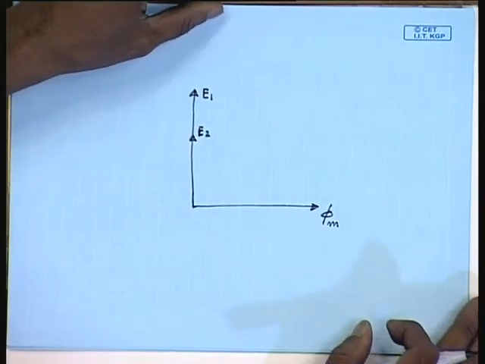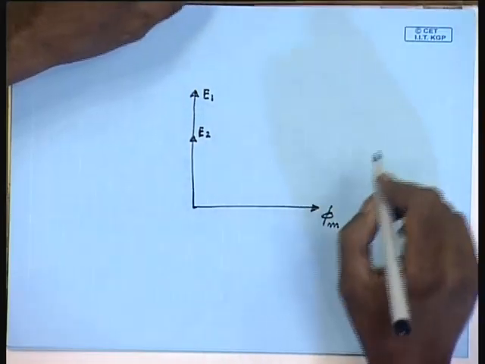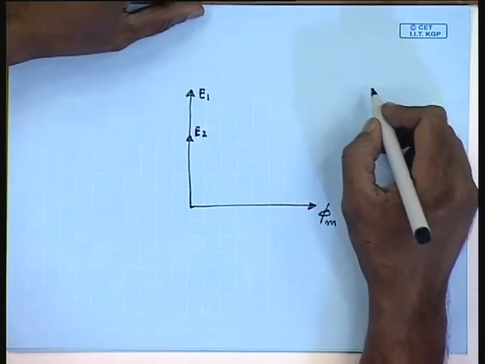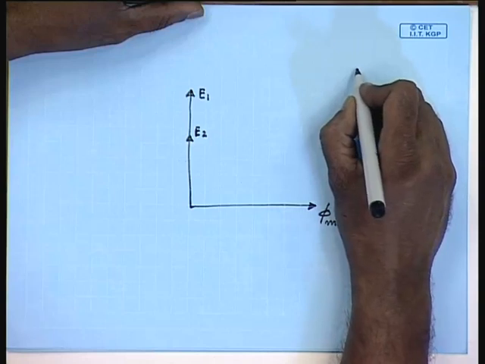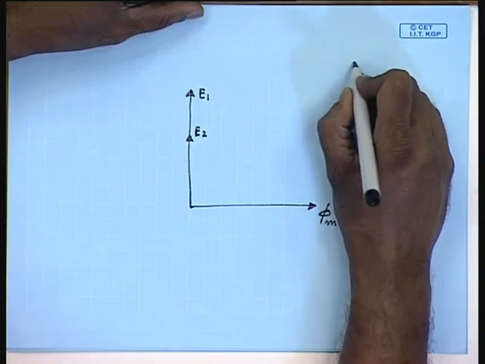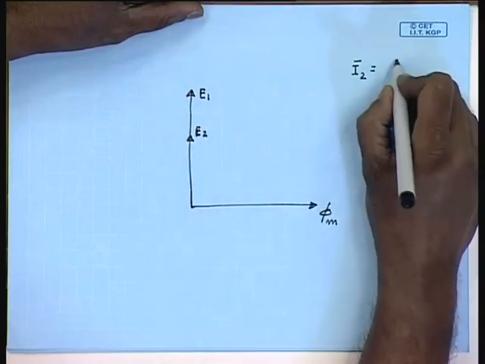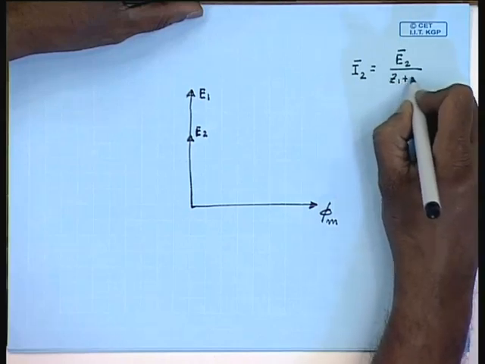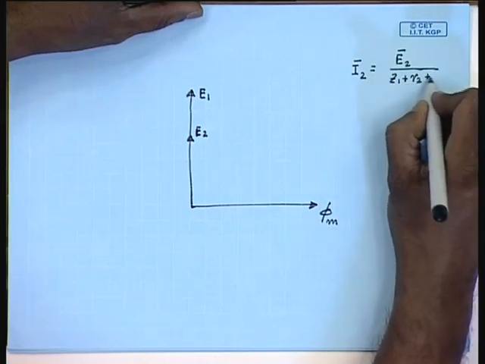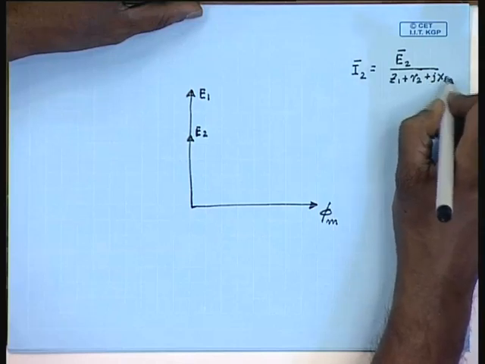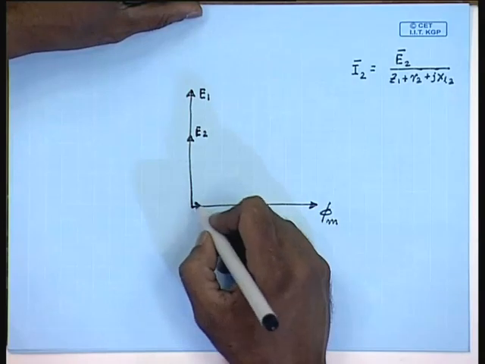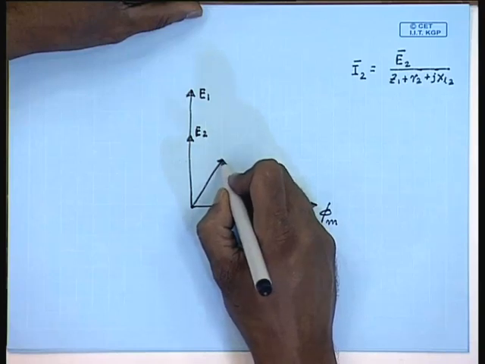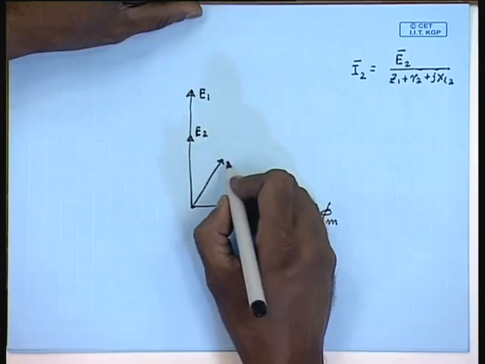Then the current I2 is given by, which will lag, assume to lag E2 by an angle phi.